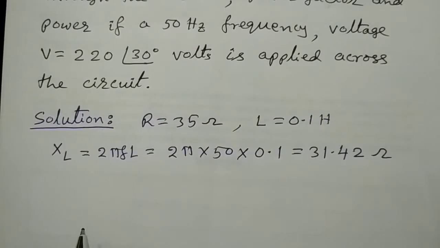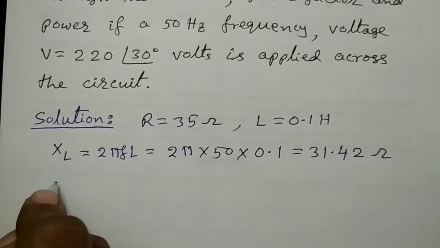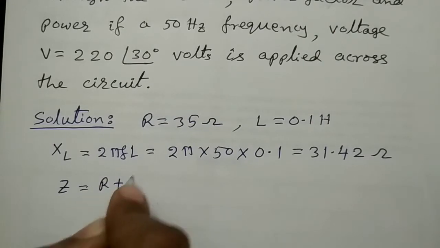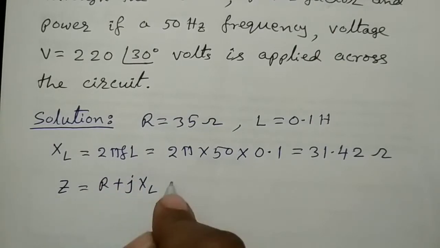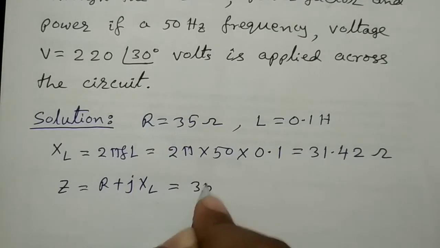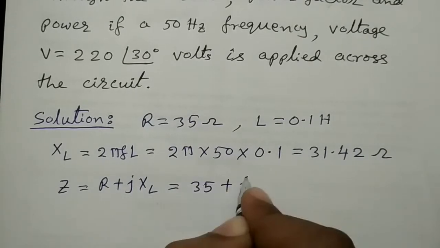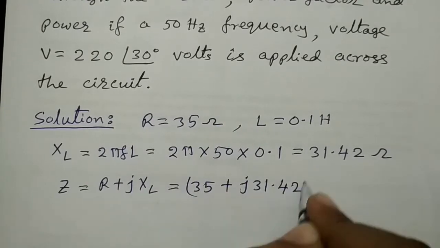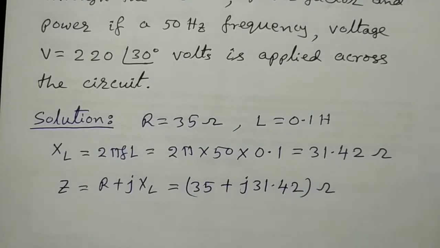Now according to the complex notations, we can write the impedance of the circuit as R plus jXL, that is 35 plus j31.42. So this is the complex notation of the impedance of the RL series circuit.